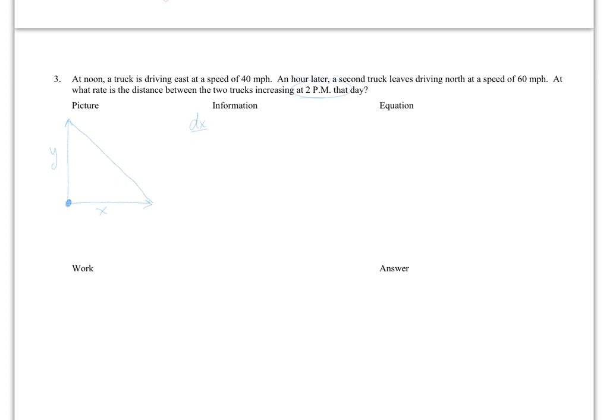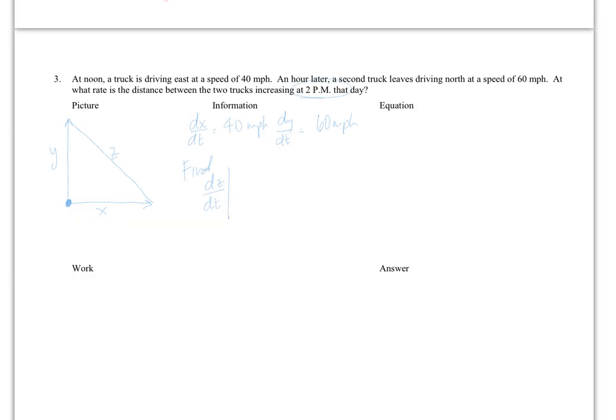I know how fast the truck going east is going. That's 40 miles per hour. I also know the rate of change of the one going north, that one is 60 miles per hour. And I'm going to call this one z. I'm going to find dz/dt.